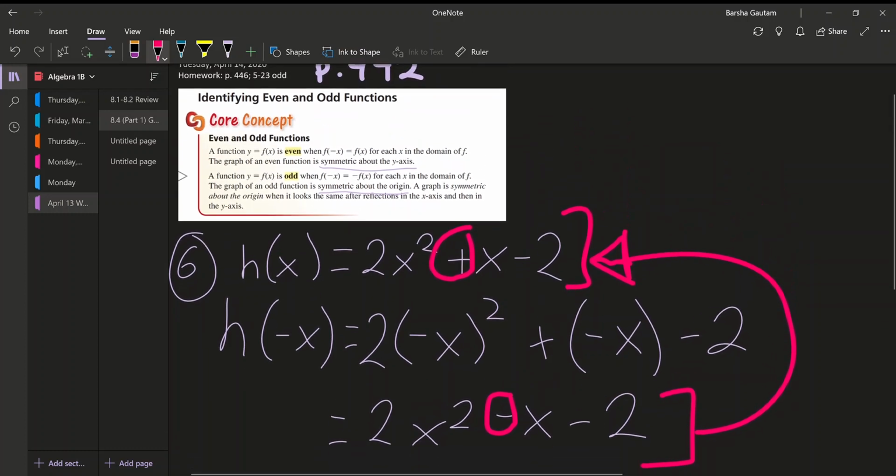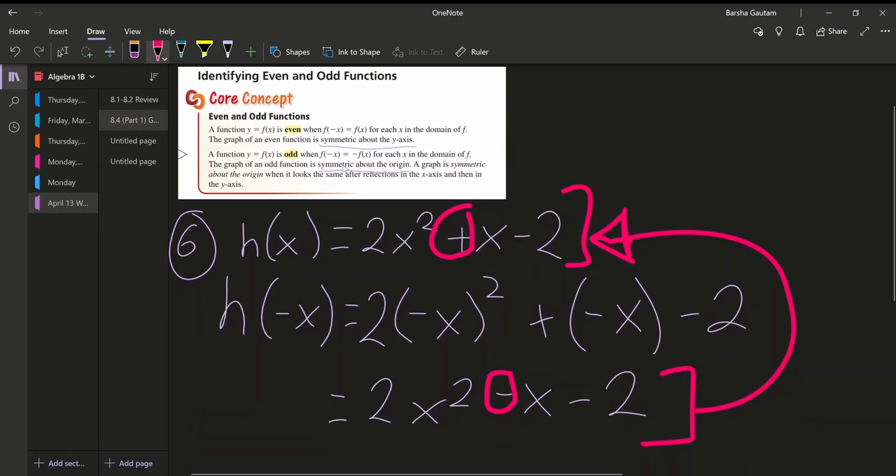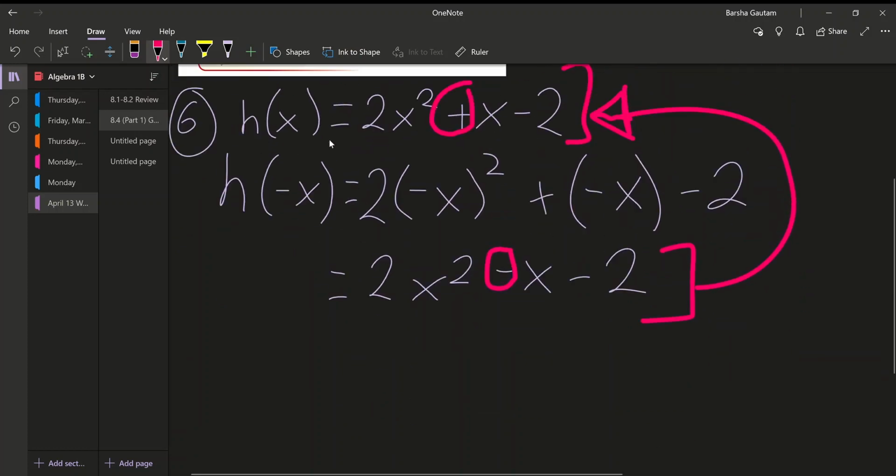What does that mean then? Can it be even or odd if the answers are not the same or opposite? Because if it's an even function, it has to be exactly the same. If it's odd, it needs to be opposite. Since it's neither opposite nor same, that means it's neither.